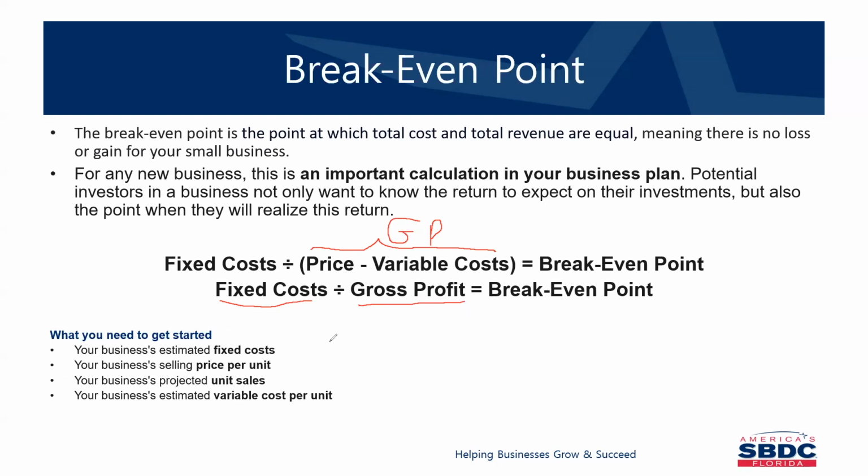These are some of the key points you need when you start doing projections or what-if scenarios. You need the estimated fixed cost, selling price, unit sales, and variable cost.